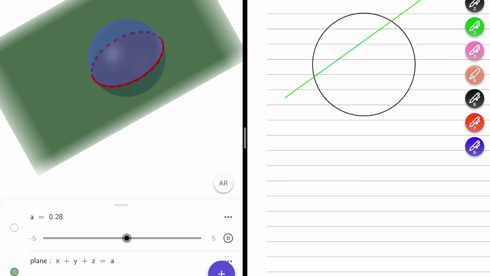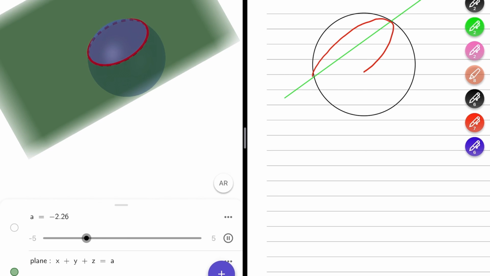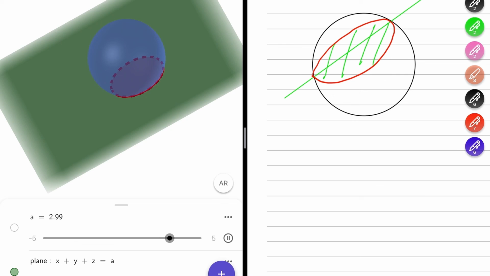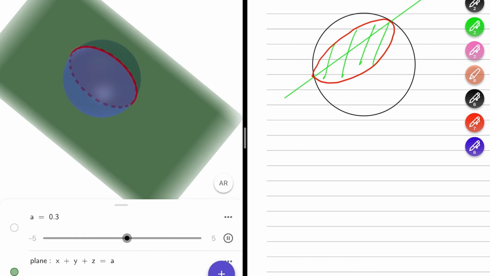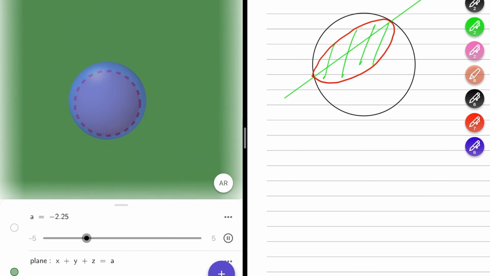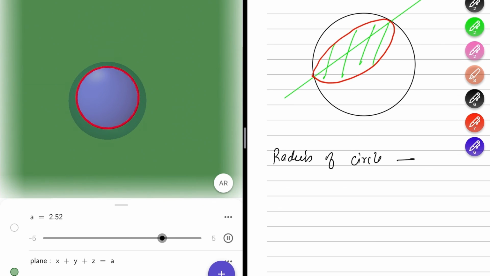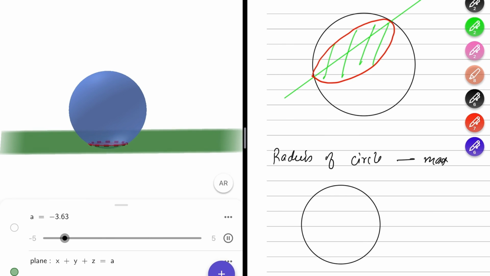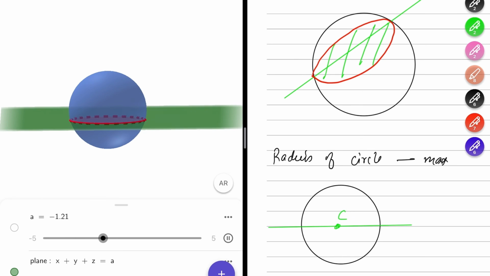Okay, so basically we have a sphere, it is intersected by a plane, and this appears to be an ellipse as we draw it, but actually this is a perfect circle. Okay, and we observe that the radius of the circle is maximum if the sphere is intersected by a plane such that the plane passes through the center of the sphere.